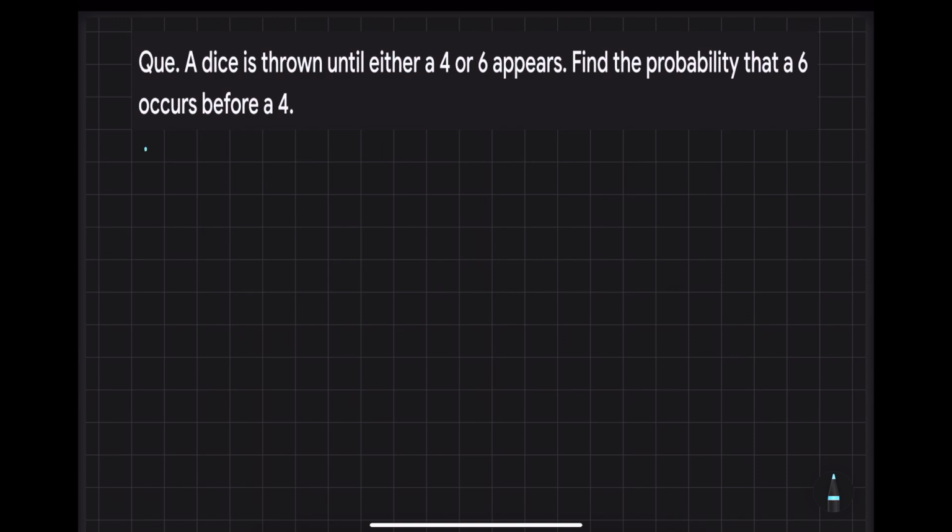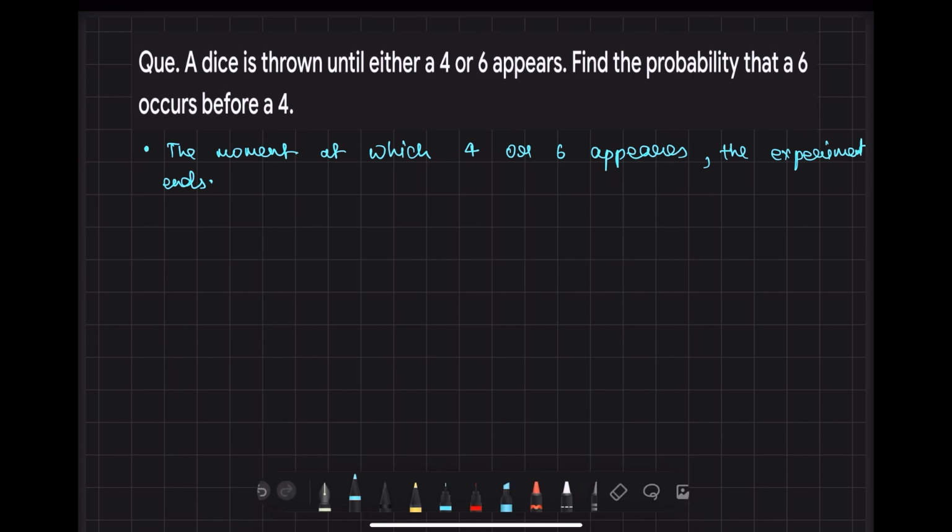So we have to understand that the moment at which 4 or 6 appears, the experiment ends. Okay, so this idea is important.